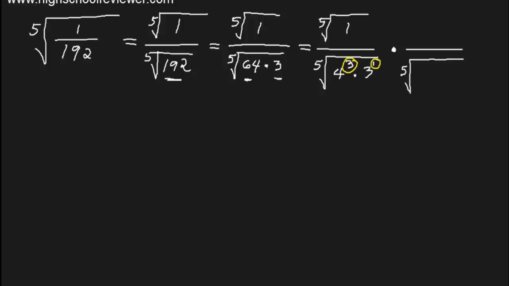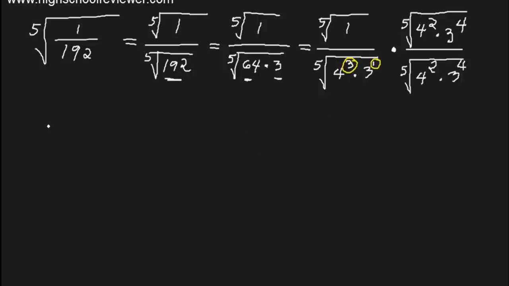So the exponent of 4 will be 5 minus 3, that is equal to 2. So this will be 4 raised to 2 multiplied by 5 minus 1, that is equal to 4, so 3 raised to 4. And then we will just copy the denominator. So this will be the fifth root of 4 raised to 2 multiplied by 3 raised to 4.